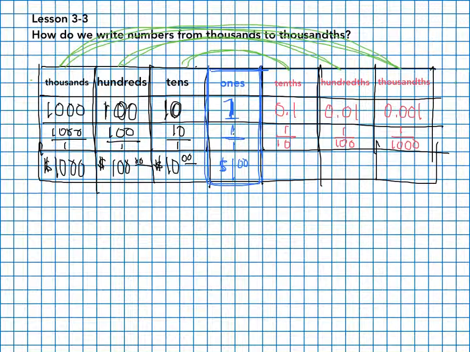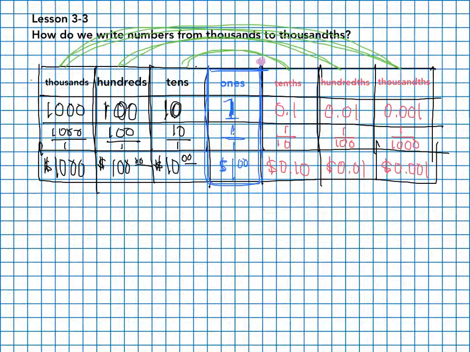Our decimal point is going to be right here, isn't it? This is where our decimal point is. Tenths is going to be 0.10, 1 dime. Hundredths is going to be 0.01, 1 penny. And then thousandths, which we really don't pay attention to, is going to be 0.001.